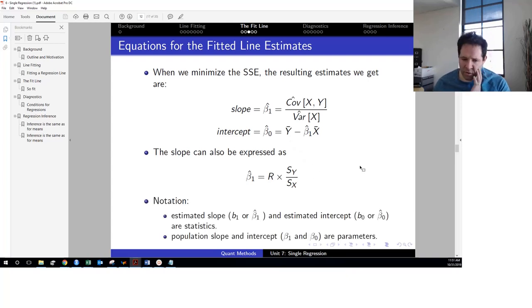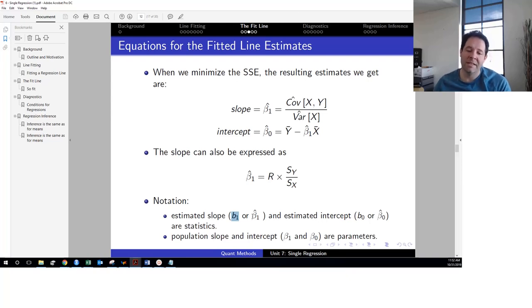Now, one note about notation. I've been using notation that indicates that the slope and the intercept are statistics that estimate population parameters. We'll return to that in a later part of the class, but the book might use lowercase b as the estimated slope rather than beta 1 hat. These really are just the same thing.